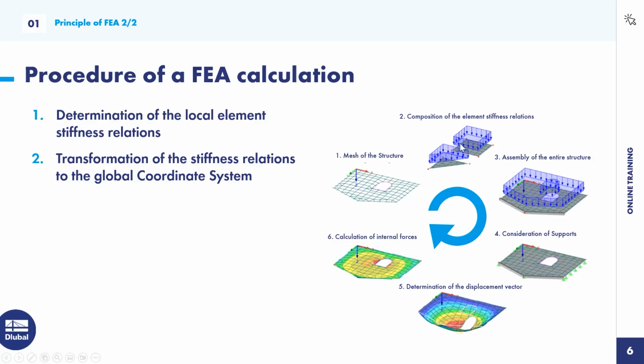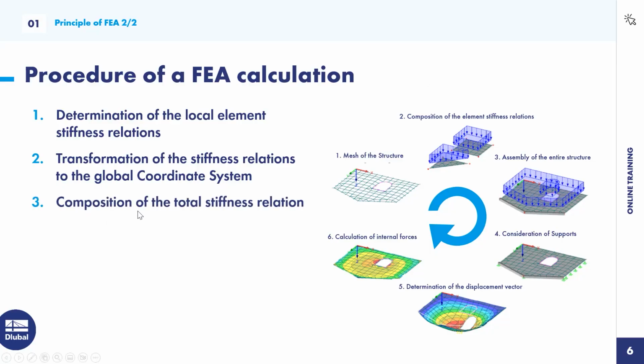And now for the understanding, there's this static equation which is called K times U is F, which means the stiffness matrix times the deformation vector is the force vector. And now, due to assembling them to the global matrix and vector, we have this K as well as this F. But what's not known is the U, so the displacement vector. And that's what we want to get to.